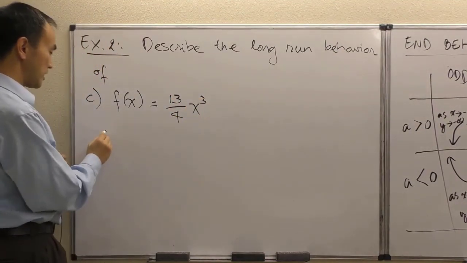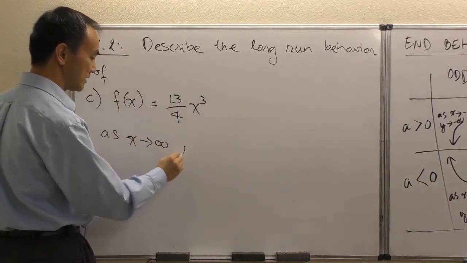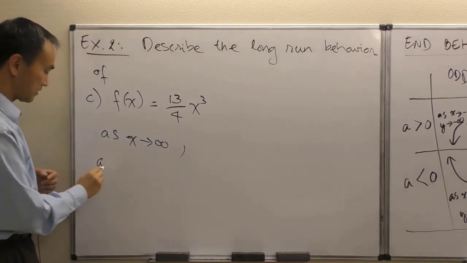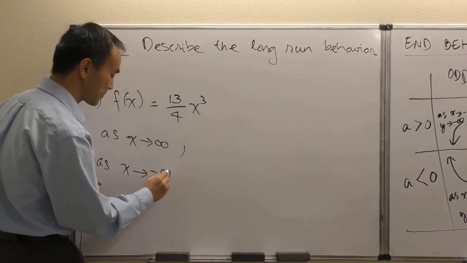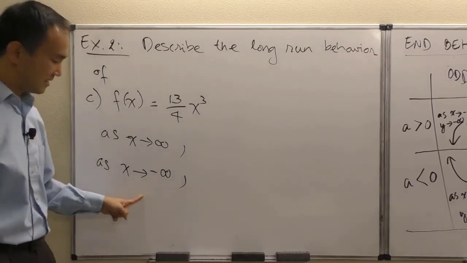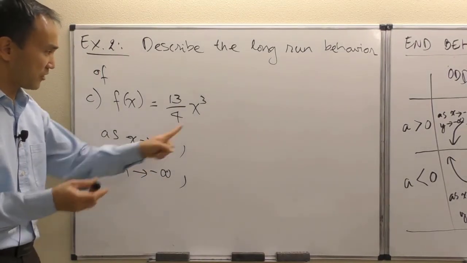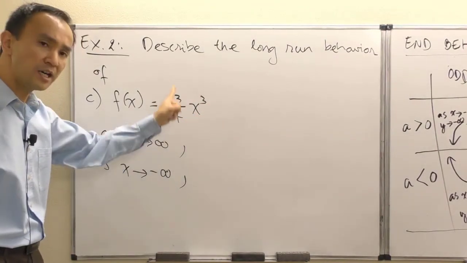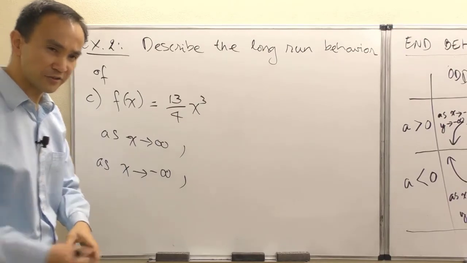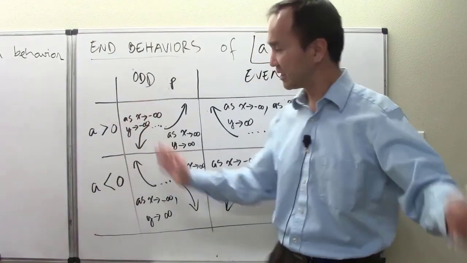We want to study what's happening to the function as x is getting to the right end, and what happens as x is getting to the left end. Left end and right end. Now let's look for our answer. Our function is an odd power with a positive coefficient in front. On the board, we already had a clear deciding line.